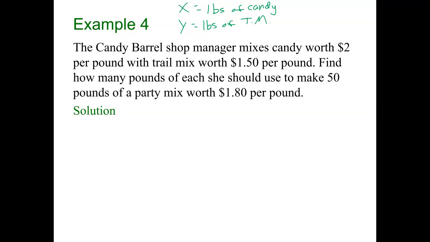So she's mixing up a bunch of candy, and they have different costs per pound. So I'm comparing 2 things: weight and cost. If I'm comparing the weight of the candy and the weight of the trail mix, what operation do I use when I mix them all together?